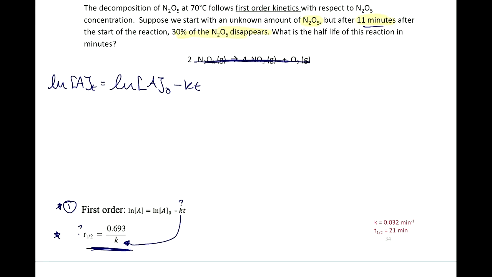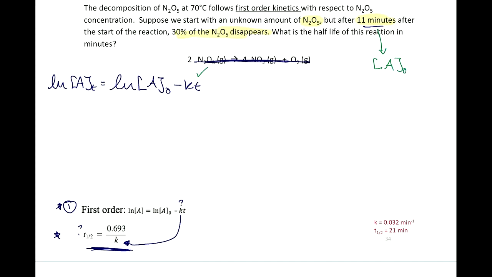So 11 minutes, that sounds like a time. I give you a time, and I give you the amount of stuff you have left over, but again, reading comprehension. Before my reaction, how much stuff do I start with?